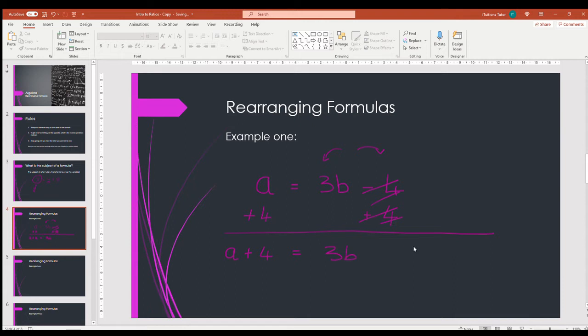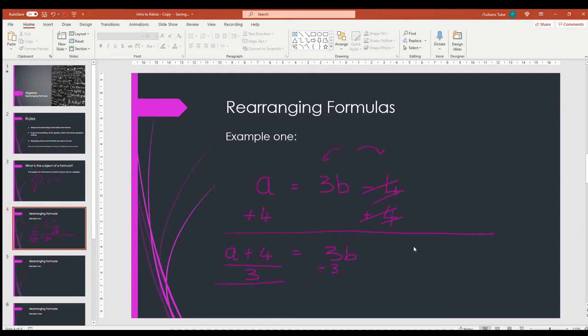But b is still not on its own, so we need to keep going until we get b on its own. 3 multiplied by b, the opposite of multiplication is division, so I will divide by 3 to get rid of the 3 and get b on its own. But I must do the same on the other side. Divide by 3.